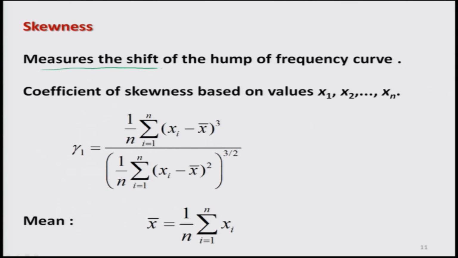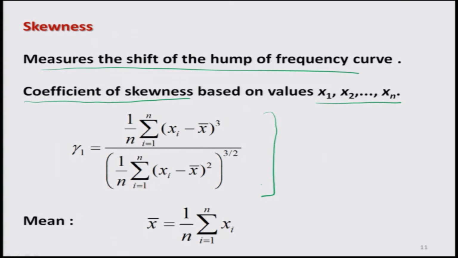So, first we come to skewness. This coefficient of skewness measures the shift of the hump of the frequency curve, either on the left hand side or on the right hand side. Suppose we have some data values x1, x2, xn, then the coefficient of skewness is defined like this, and it is usually denoted by gamma 1. It is a very simple thing. This is simply computing the sum of cubes of the deviation of the observations from their mean.